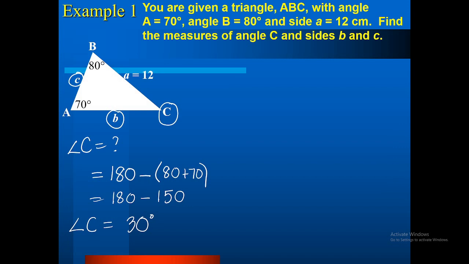Now, let us solve for, let's start with b. If I will be solving for b, now, tan-awa ninyo class, unsay gamiton nako para ma-solve si b? Of course, si b akong ibabaw. b over what? b over sine B. Because I'm looking for b.